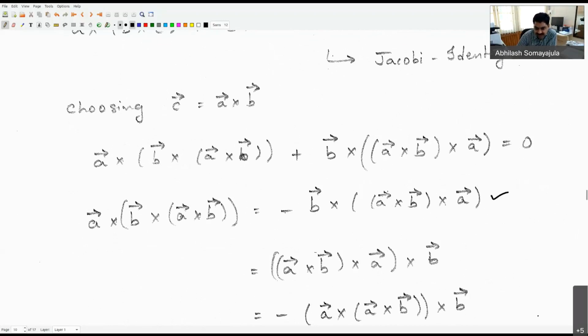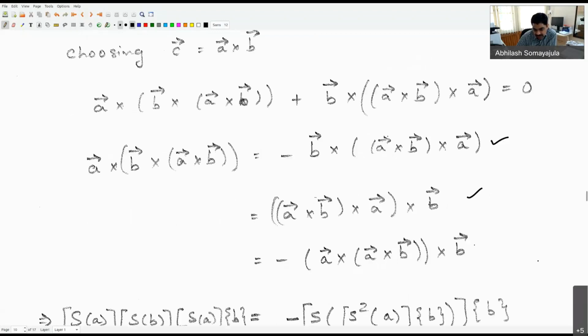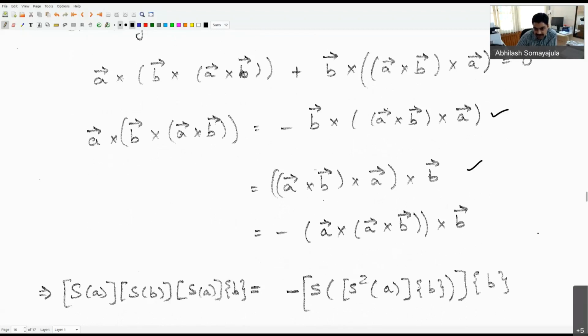Now, that minus sign I can absorb so as to change the order of the cross product. So I'm taking A cross B cross A cross B. I'm just shifting B to the other side and absorbing that minus sign into it. Everybody with me so far? How I got here? Yes. Okay. Then what am I doing? I'm pulling out another minus sign by changing the order of the cross product again here.